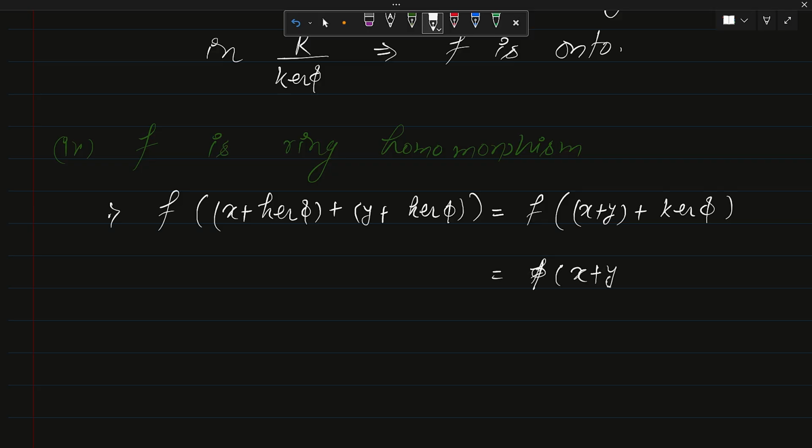Okay, phi of x plus y, and again phi of x plus y will be equal to phi of x plus phi of y, right, since phi is ring homomorphism.